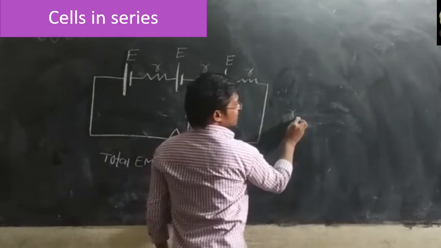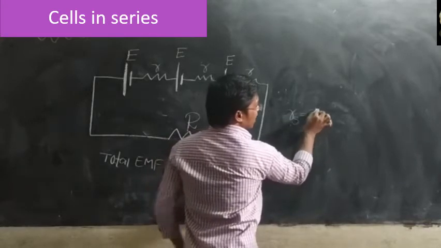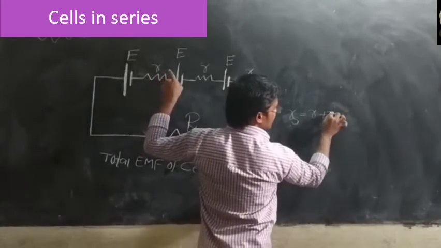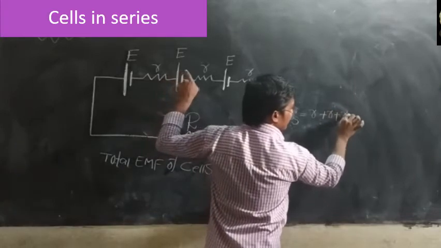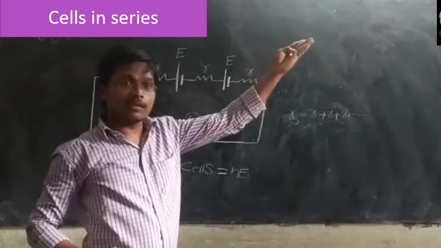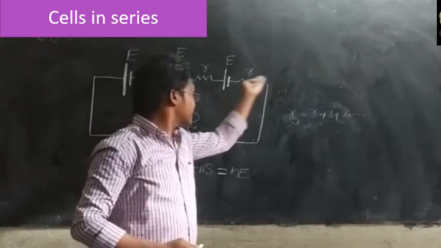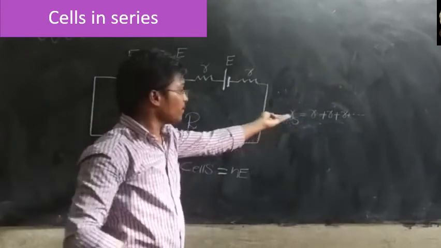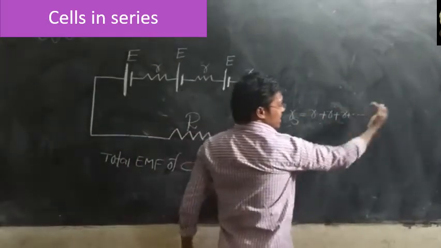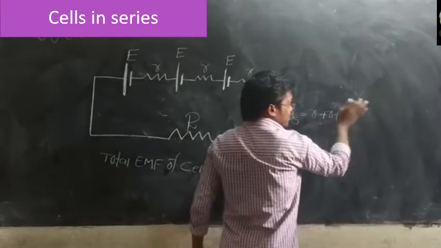Yes, absolutely. So here R series, RS, is equal to R plus R plus R, and so on. How many resistors are there? N resistors are connected in series. So R plus R plus R and so on, N times.